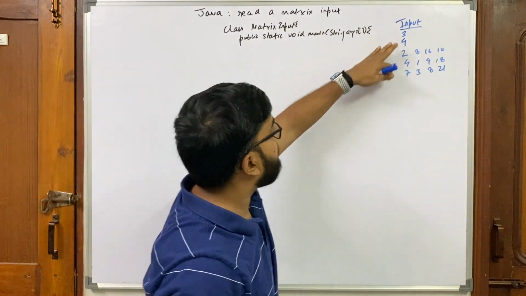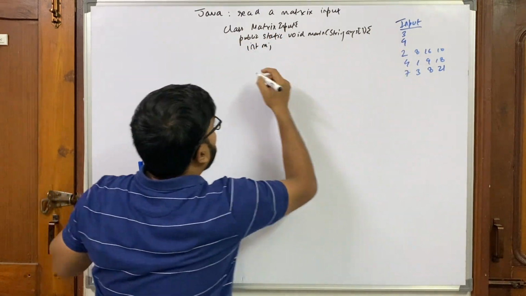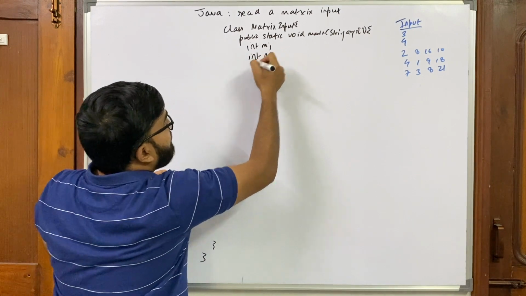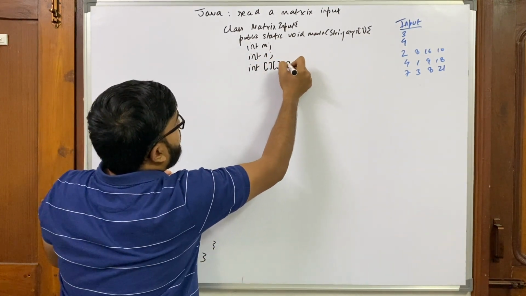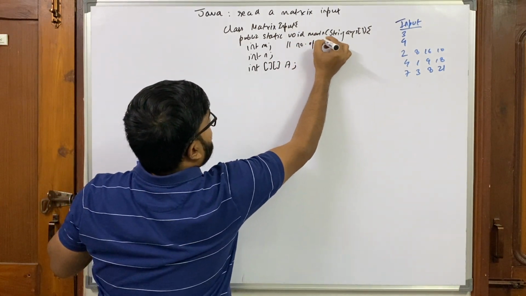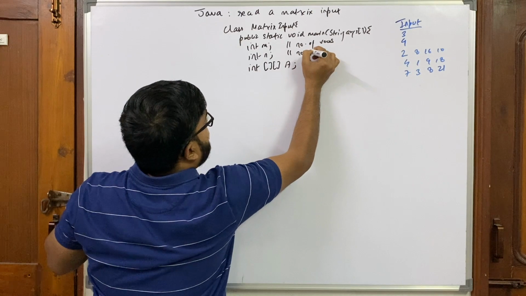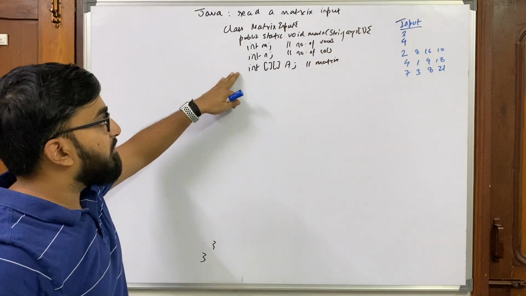The number of rows I'm going to store in the variable m, the number of columns in the variable n, and the 2D array, or the matrix, in matrix. These three are the variables I need.